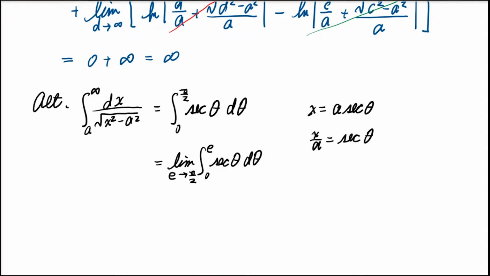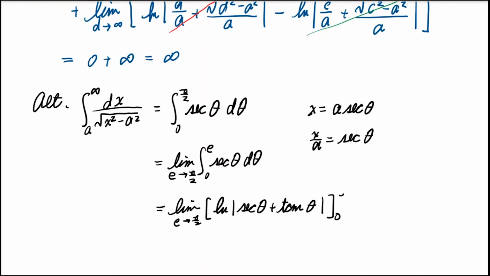You get it? But this is not bad. And then we still have to integrate this, but we'll recycle our work. So this is ln of secant theta plus tangent theta, right?